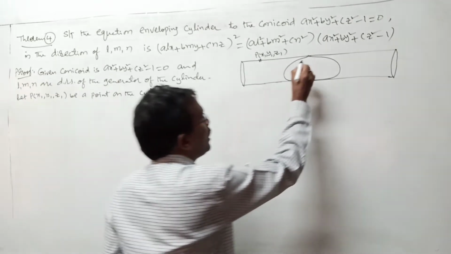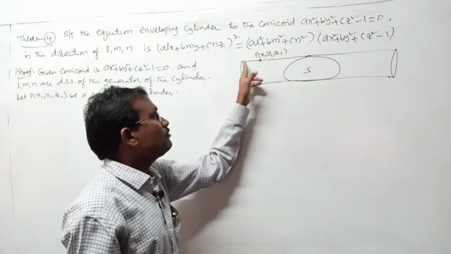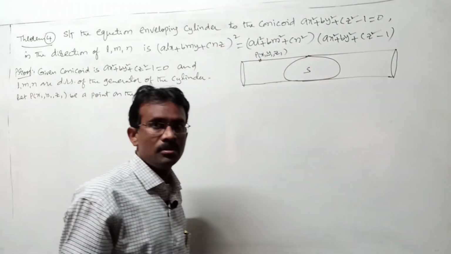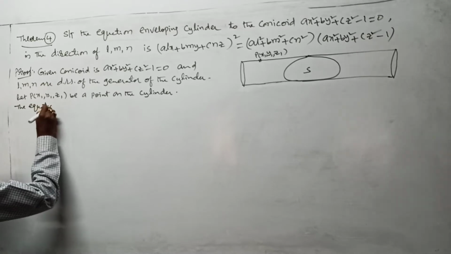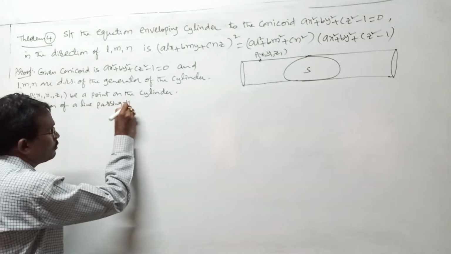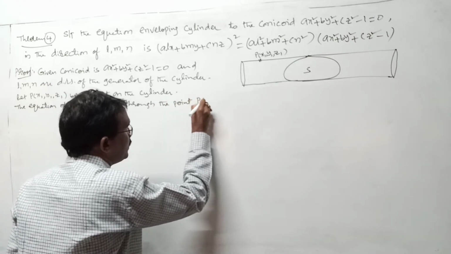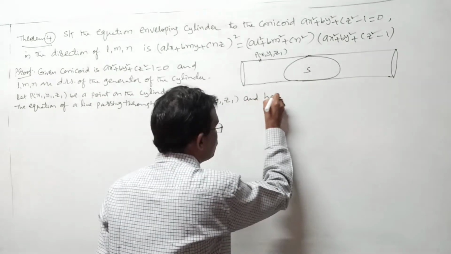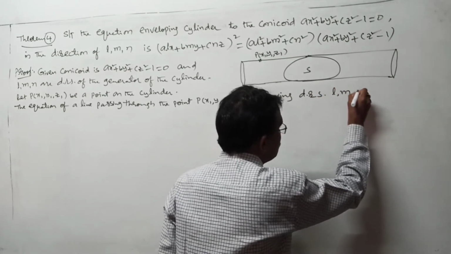In the next step, I want to define the generator equation, the equation of a line passing through the point P(x1, y1, z1) and having direction ratios l, m, n.